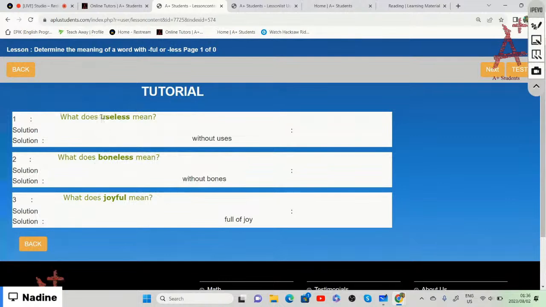That is a word that can stand on its own. And the suffix that is added to the base word is less, right? That means without. So useless, it is without uses. And the same with boneless, without bones. And joyful, right? Which means that it is full of joy.